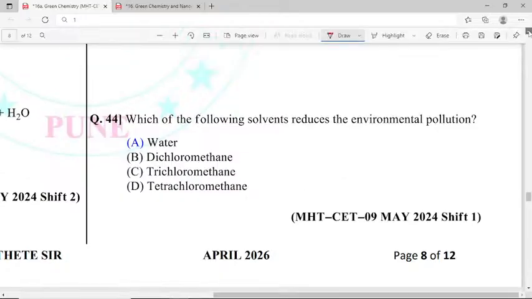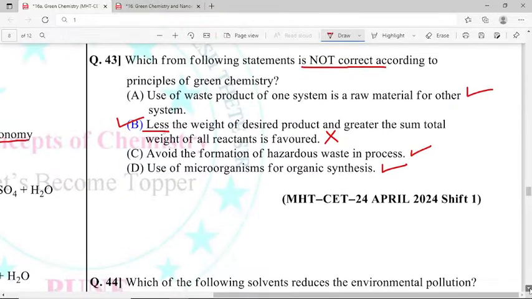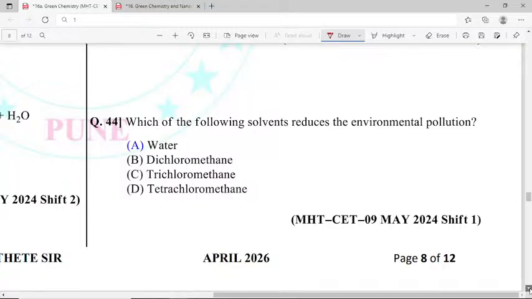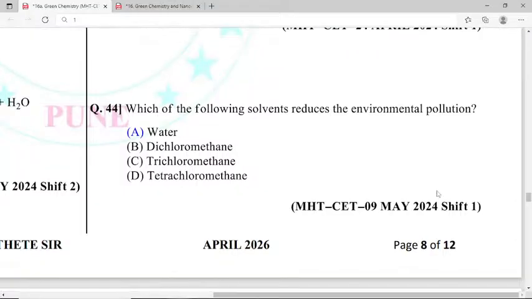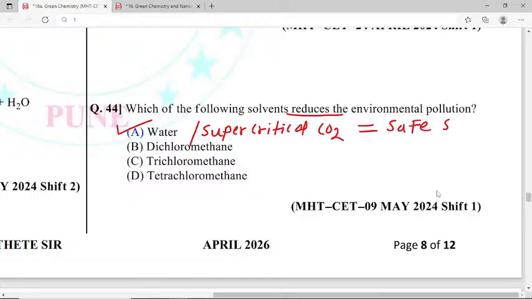Next question. Which of the following solvents reduces environmental pollution, water as well as supercritical CO2? Supercritical CO2 is called a safe or non-toxic solvent.